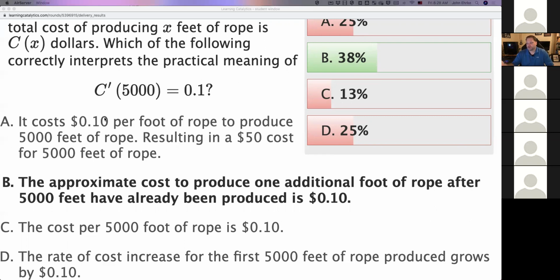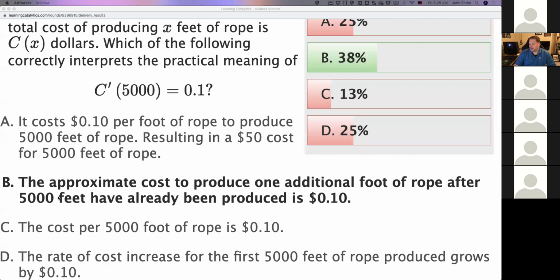So this 10 cents per foot is not true for all of the 5,000 feet that came before. It's true only at this particular point in time, the point where we have produced 5,000 feet. At that moment of production, the cost is 10 cents per additional foot, which is why B is correct.